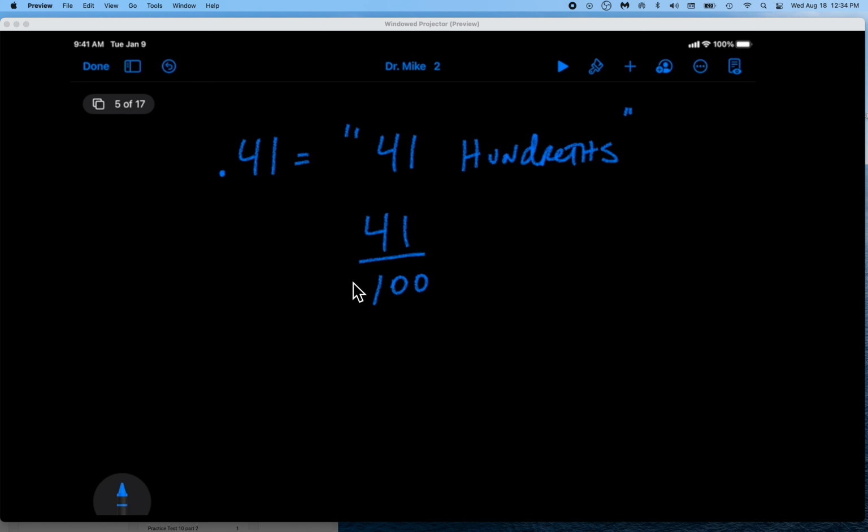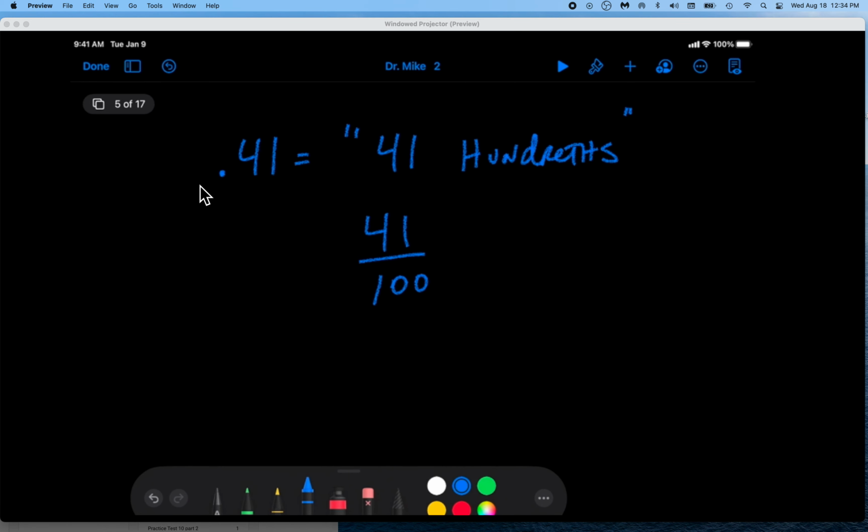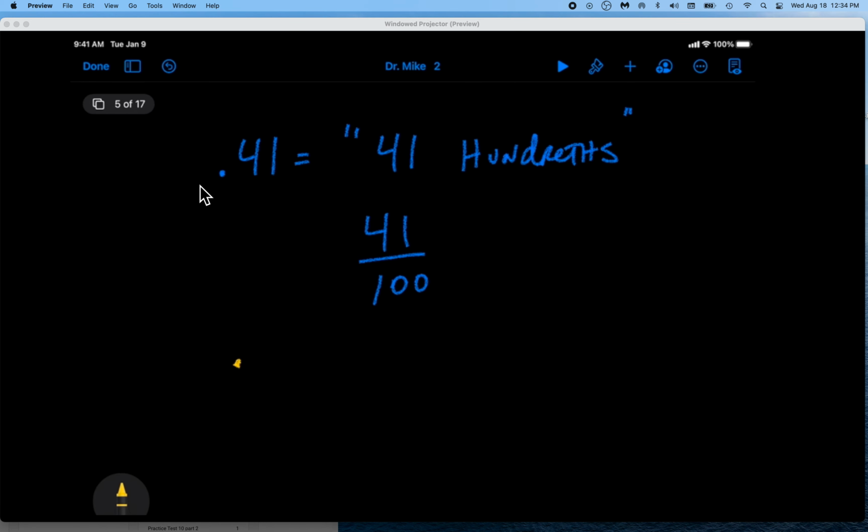So the denominator of the fraction is going to be the place value furthest to the right. What would this be? What is the place value furthest to the right? Tenths. Tenths. Therefore, 10 is going to go in the denominator. Pronounce this number here would be 7/10.